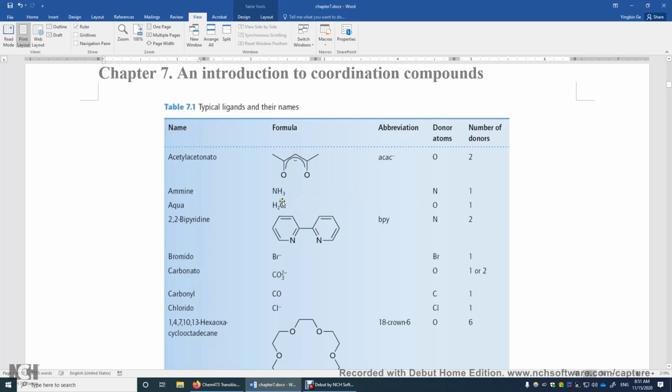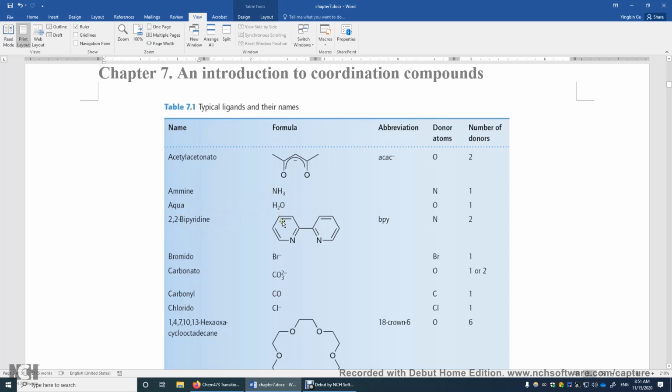Is it possible for this water molecule to form two bonds with two different transition metal centers? Well, that's possible. Again, in transition metal chemistry, as a ligand, we call this aqua, not water.